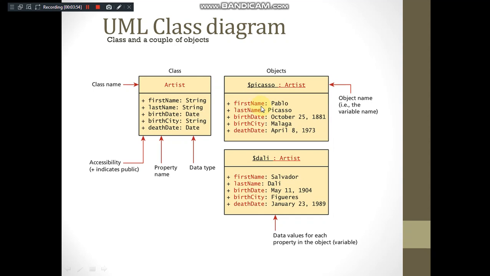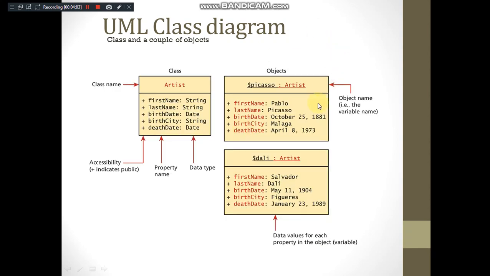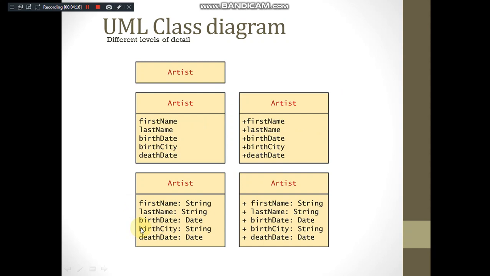Here first name is stored with Pablo and last name with Picasso, and so on for the other properties. We have another object of the same class artist which is stored with different data values for each property. This is how we can show the concept of class and objects easily with the UML class diagram.